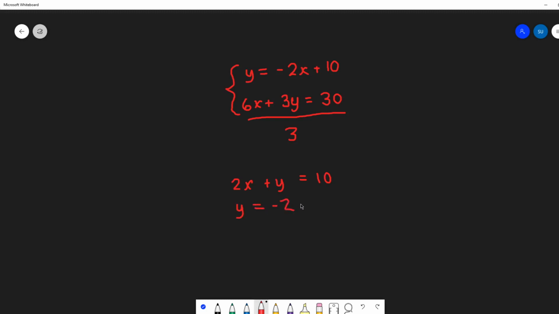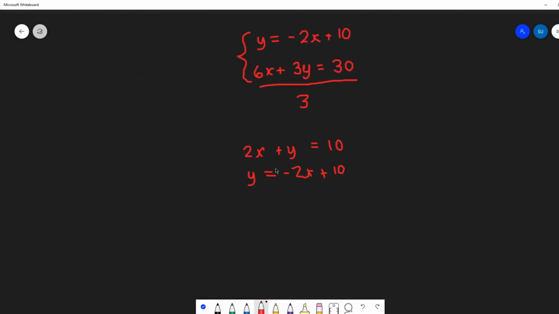So the method of solving that I'm going to use for this equation is substitution, because we already have the expressional value of y. So I'm just going to plug that into this equation, and we are going to see what we get. So plugging negative 2x plus 10 in for y in the first equation will give us 2x plus negative 2x plus 10.